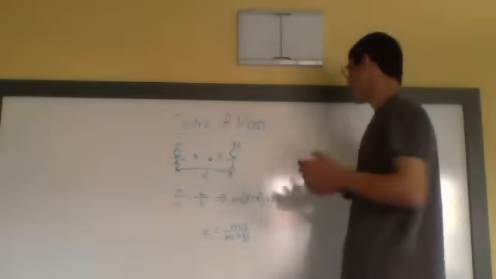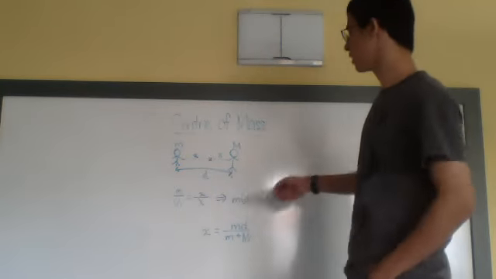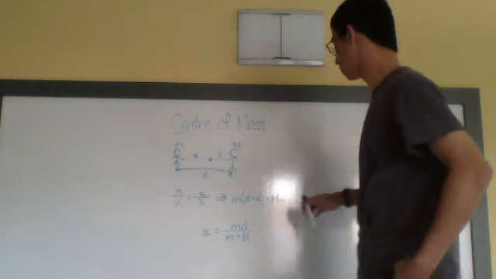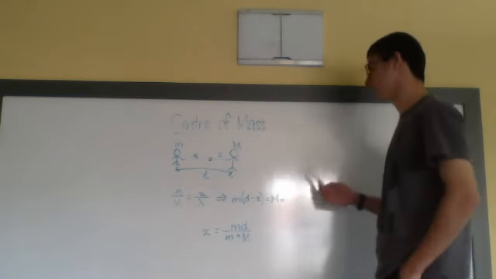Now we cross multiply so that we get m times (d minus x) equals big M times small x.